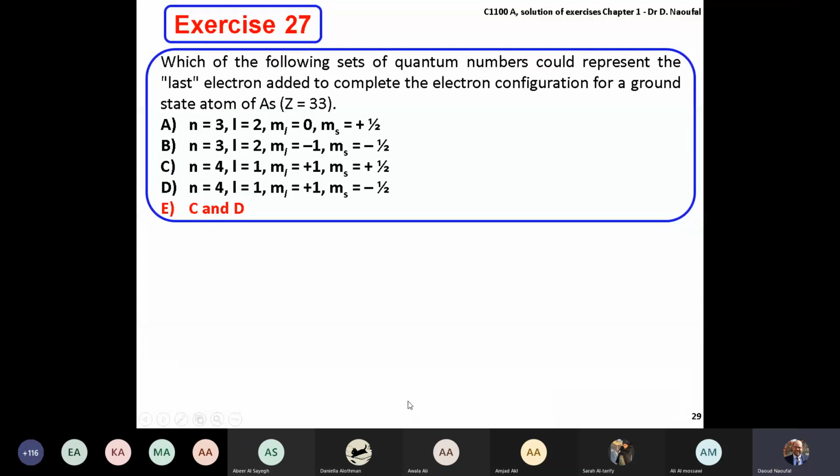Exercise 27. Which of the following sets of quantum numbers could represent the last electron added to complete the electronic configuration for a ground state atom with Z equal 33?